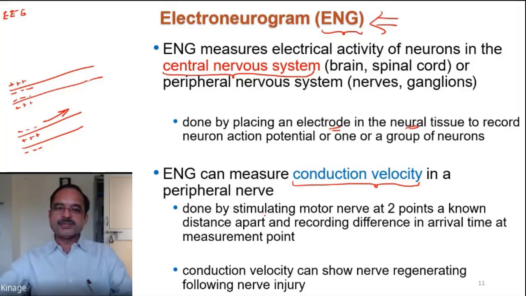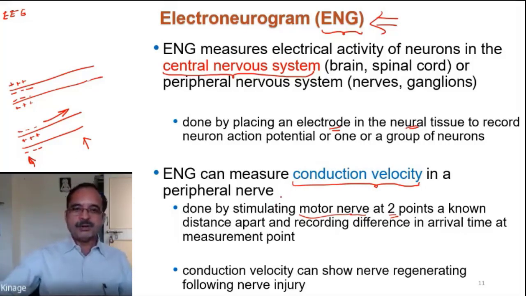This is done by stimulating a motor nerve at 2 points. Let us say this is point 1 and another point 2, and we measure the time required for the signal to travel from one point to the other point, and from that we find out the velocity.